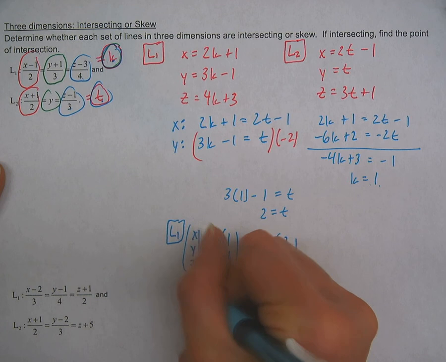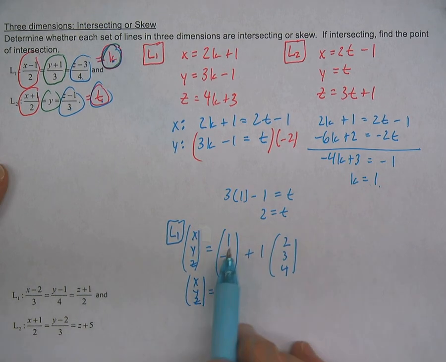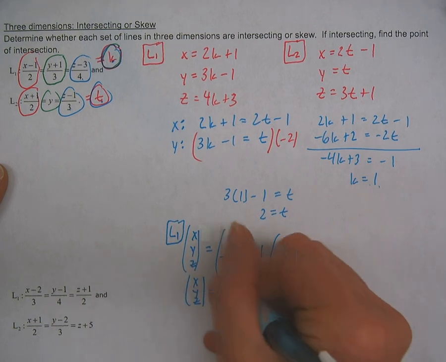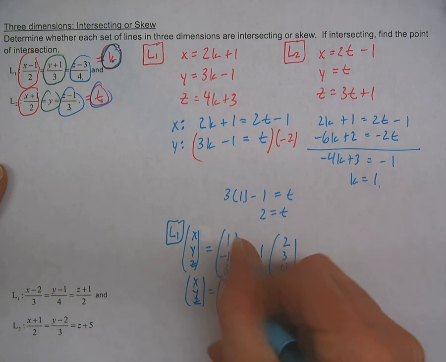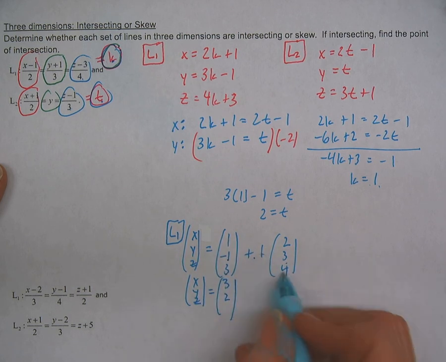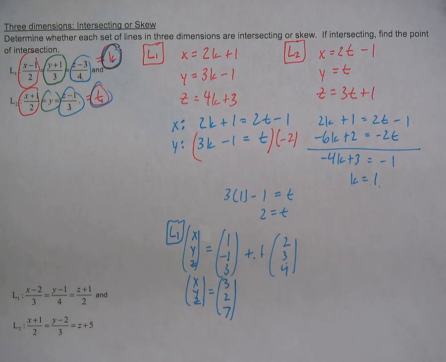And now I get the XYZ. Let's see, 1 plus 1 times 2, so that'd be 3. Negative 1 plus 1 times 3, so that'd be 2. 3 plus 4, so that'd be 7. So the point on line 1 associated with k equals 1 is 3 comma 2 comma 7.